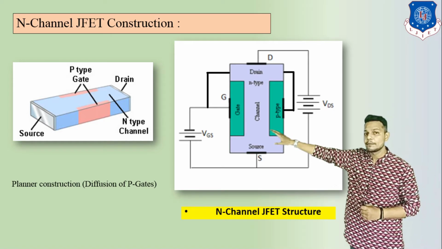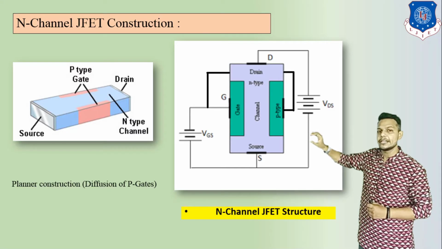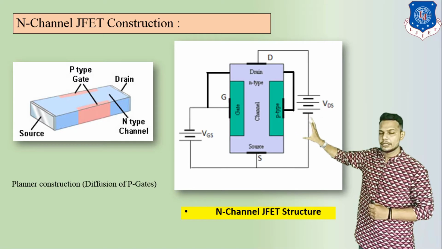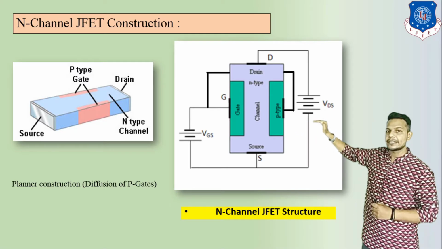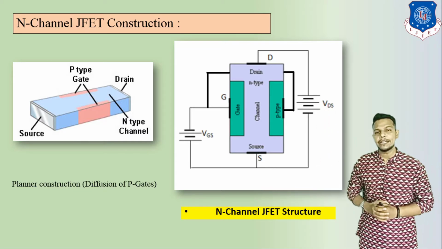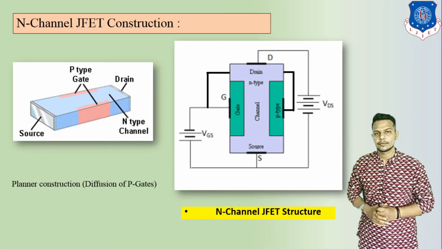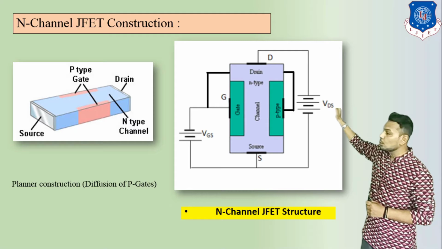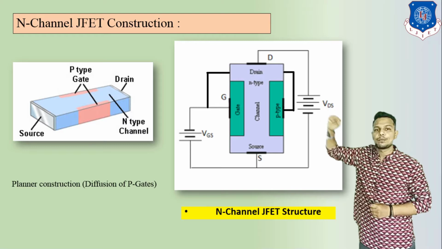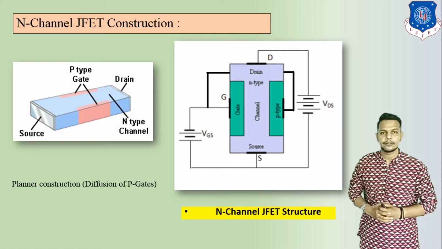Here at this end, we can see this is the VDS. VDS means the voltage difference between drain and source. That means this battery is connected between drain and source. So it is known as VDS, and this is our output voltage. The current flowing in this direction on the output side is known as the output current, which is ID, or we can say drain current.